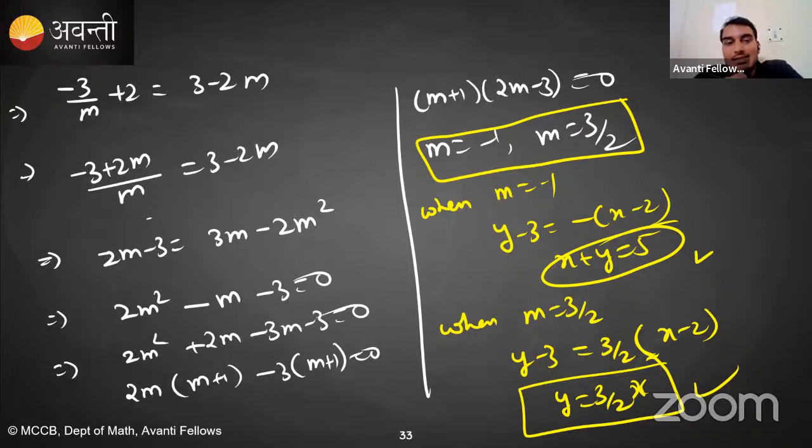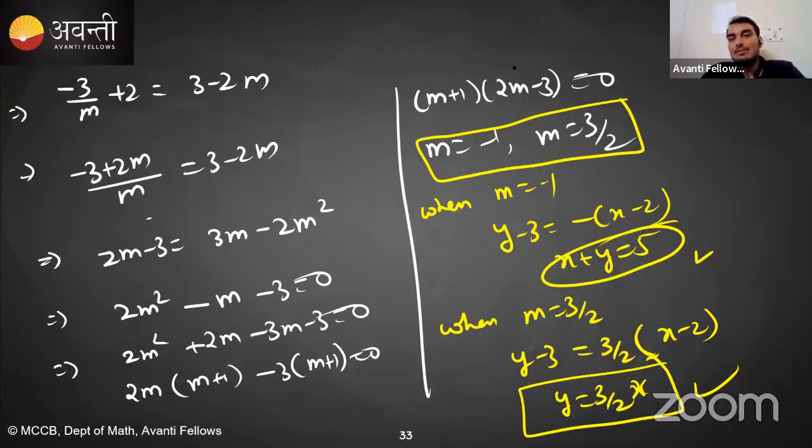So they have to mention that non-zero or zero. So directly what you do, just find the equation of line, slope assume कर लो m है, write the equation, find the intercepts, and according to the question equate them. So automatically you will get your required slopes. So there you don't have to see whether the line is passing through the origin.